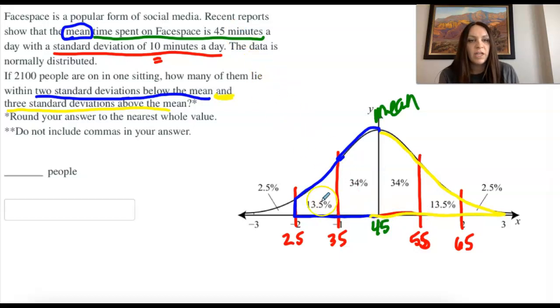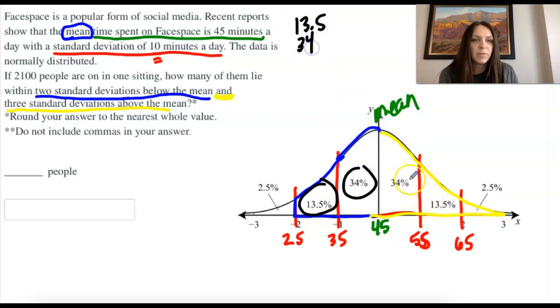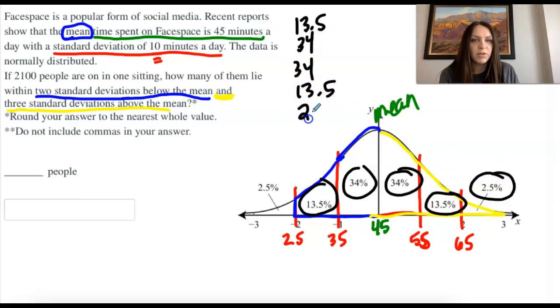So we are looking at 13.5% right here, 34%, 34%, 13.5%, and 2.5%. We're looking at all of that. It's asking how many percent is this? Well, guess what?